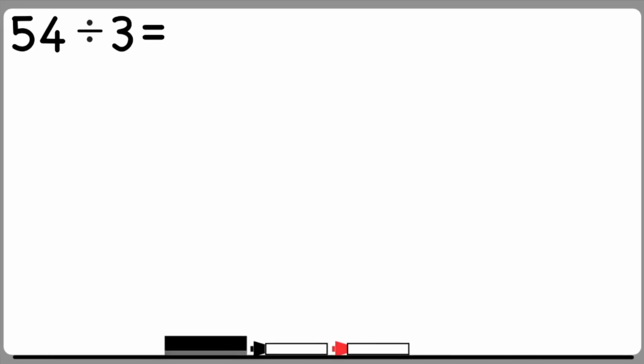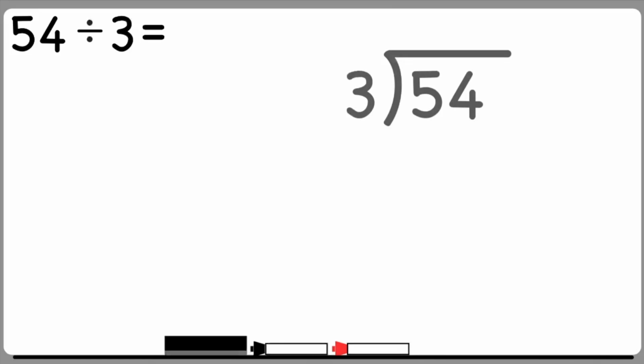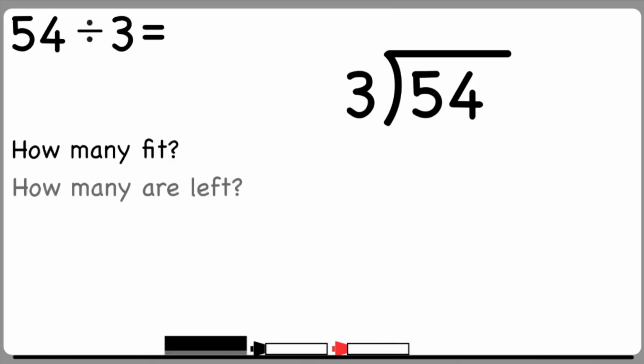Now this problem, 54 divided by 3, will get set up the same way. We'll also ask ourselves the same questions. How many fit? How many are left? We'll start with how many 3's fit into 5. That should be 1. How many are left? Let's figure that out by multiplying our 1 group times 3, or 3, and we'll do our subtraction.